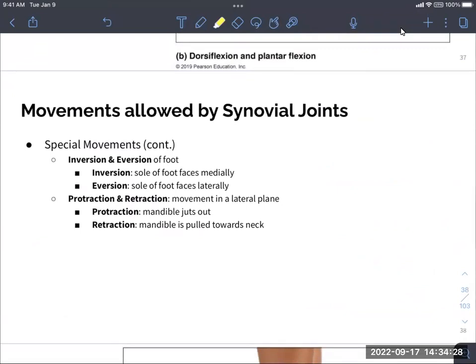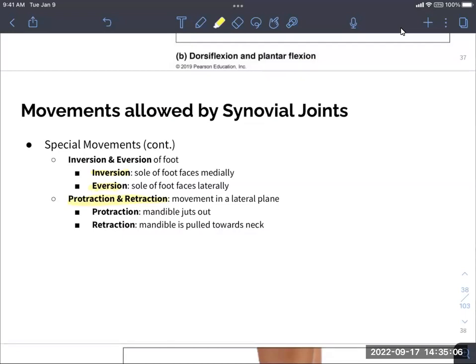Our feet can also do inversion and eversion. Inversion is when you take your foot and point it medially. Eversion is where you take your foot and point it away from you, so it goes out laterally. We have protraction and retraction. You can do that of your jaw, your mandible, where you jut your jaw out forward away from you.